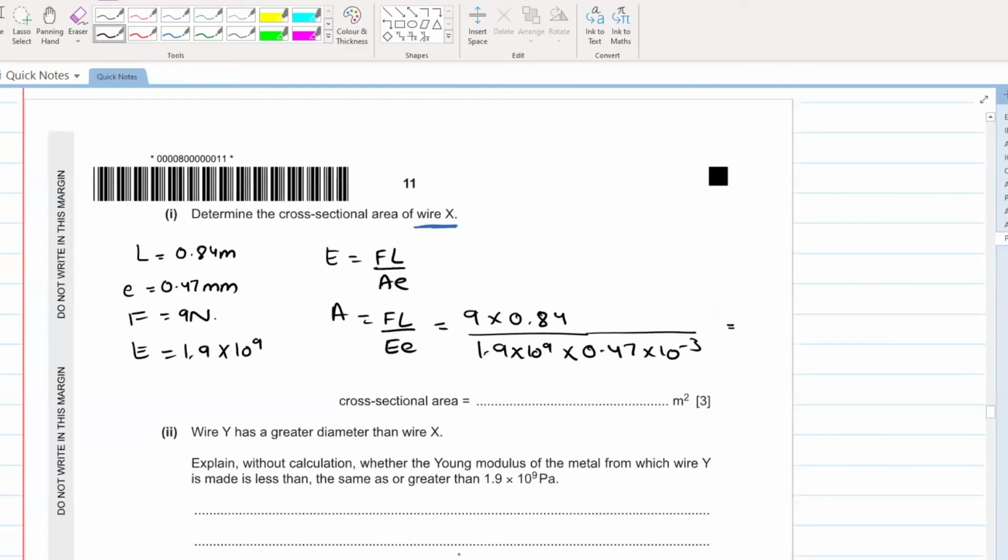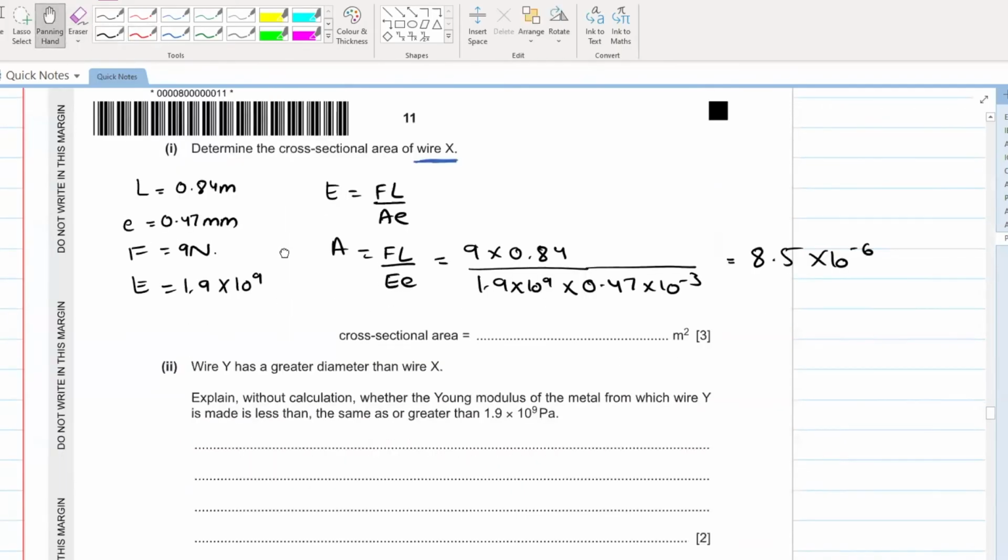Can you guys calculate the area? What does the area come out to be? Any geniuses here? 8.5 into 10 raised to the power of minus 6 is your area.